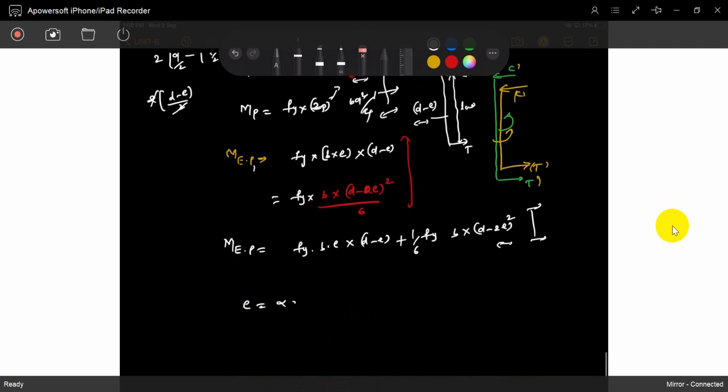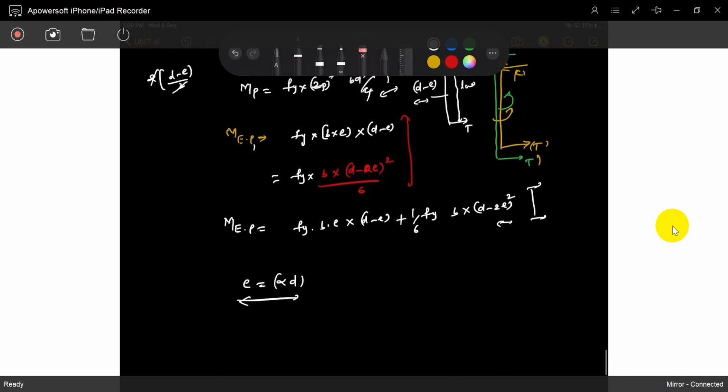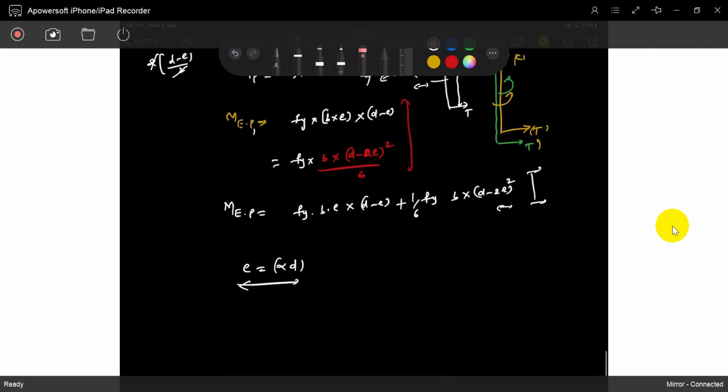E is some alpha D: 20% of D, 30% of D, 50% of D. If E is alpha D, you can rewrite MEP in terms of alpha: Fy B alpha D (D minus alpha D) plus 1 by 6 Fy B (D minus 2 alpha D) whole square.